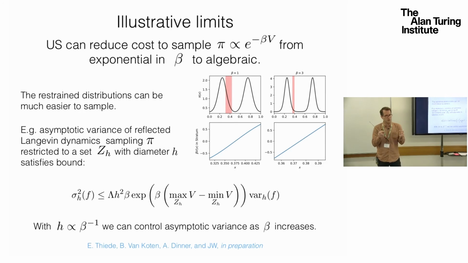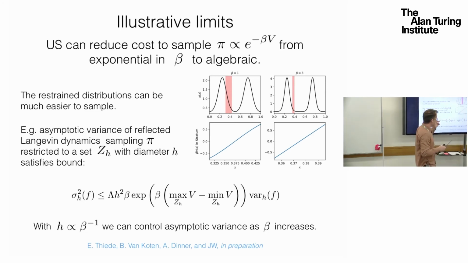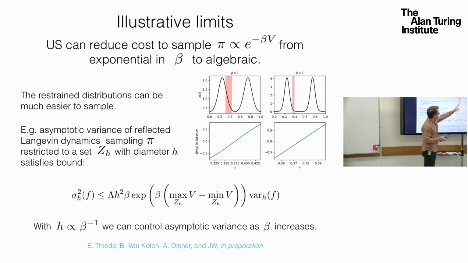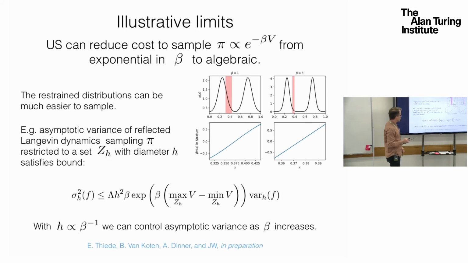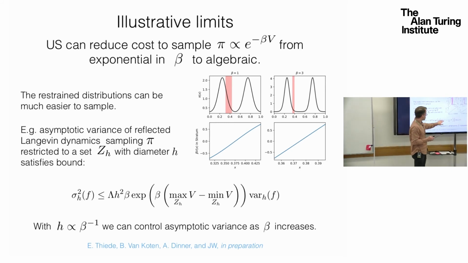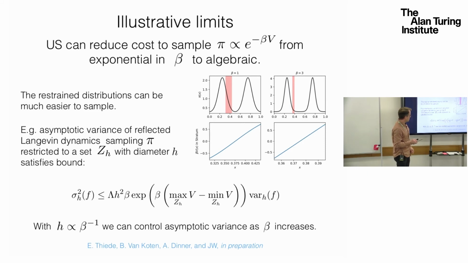It means more of these windows, but like 1 over beta, rather than like e to the beta. Yes, you're right, beta getting big, epsilon going to 0. So you can control the cost within the strip by scaling the strip like 1 over beta.